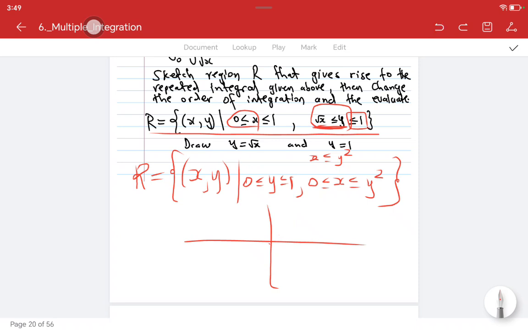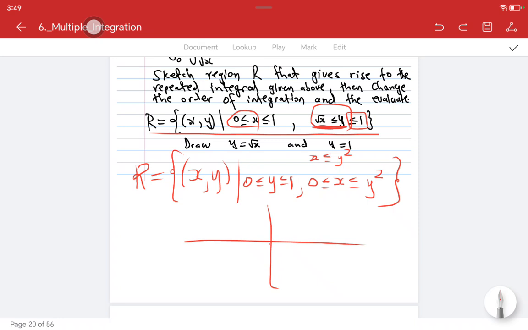So when you plug into your table, you're going to see those values there. So let's say here I plug in root of x, that y is equal to root of x. I will start it from 0, because we see that x starts from 0 and y starts from 0.